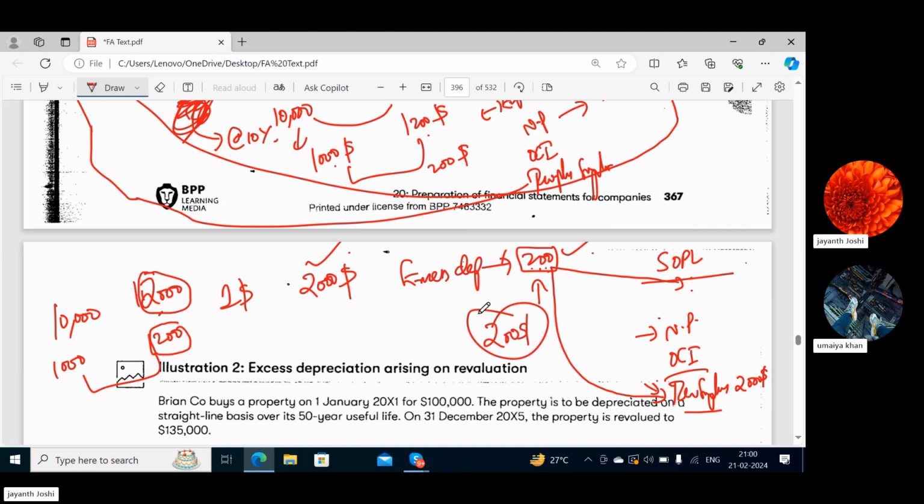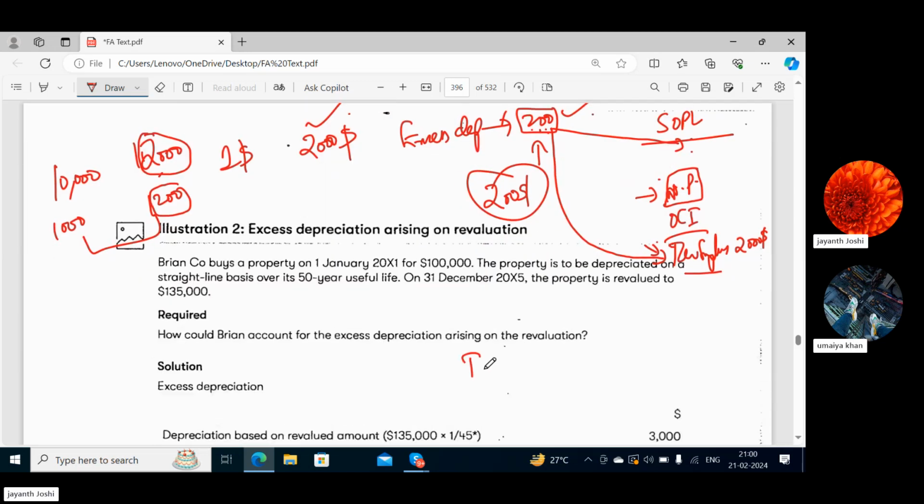This particular expenditure, which is reducing your net profit, actually should be matched with this revaluation surplus, but it is not happening. So what we can do is, this is the retained earnings account. This is the revaluation surplus account. Since $200 should be reduced from revaluation surplus, it is not getting reduced from this, but it is reducing our net profit.